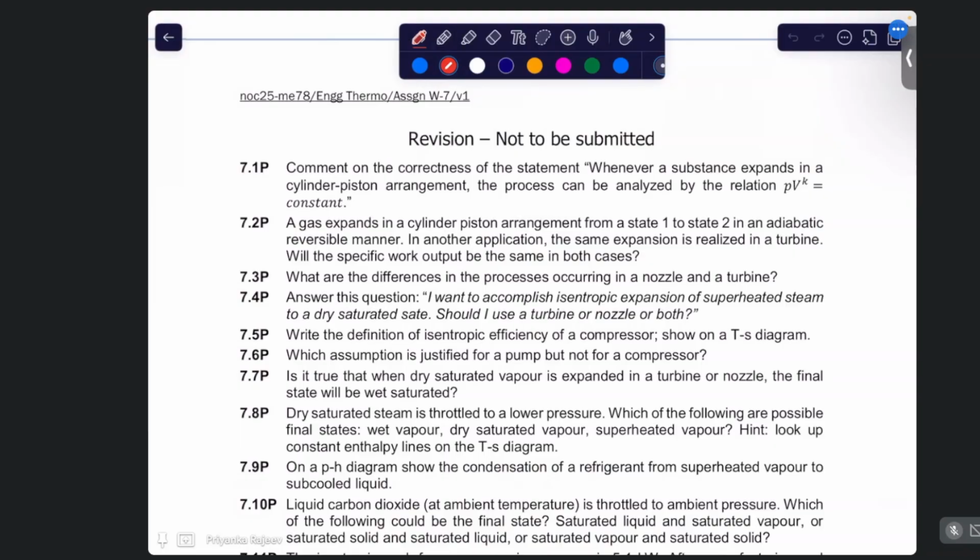So there is such an expression, but it is not for all the processes, like that expansion happening inside a cylinder piston arrangement. It is only true for polytropic process, or adiabatic process if K equal to gamma.